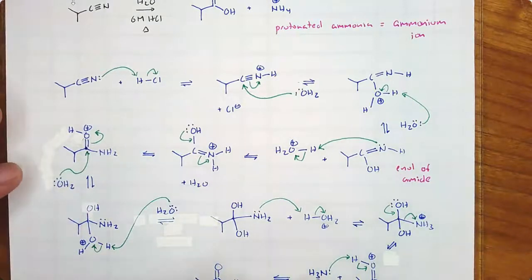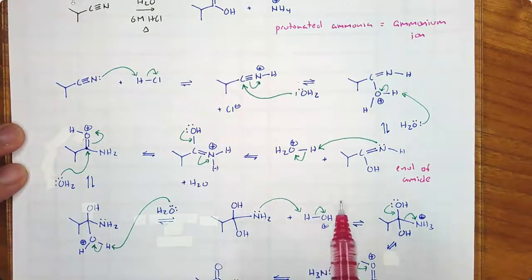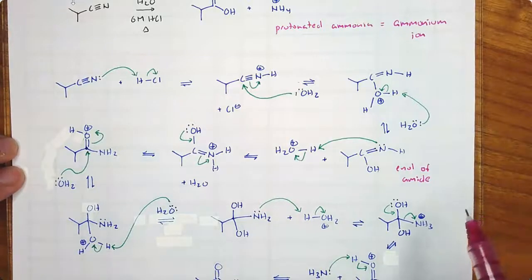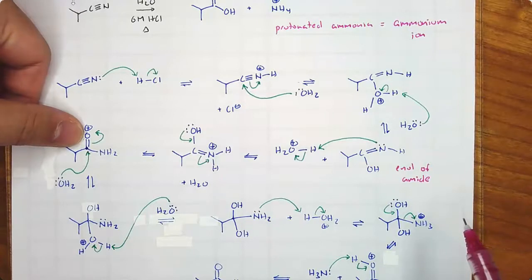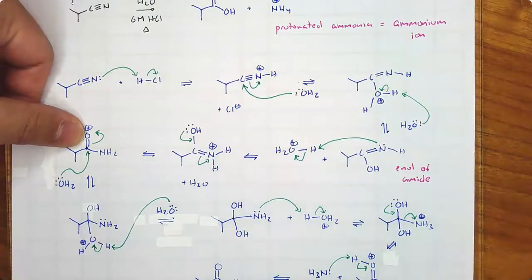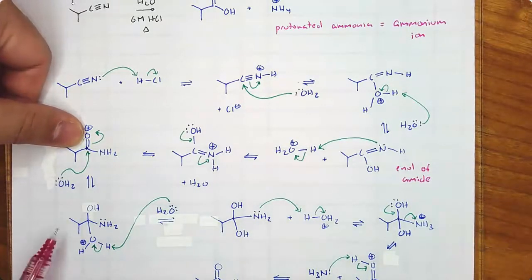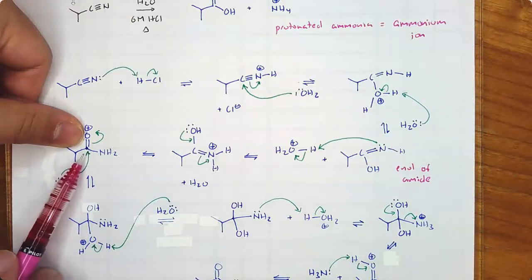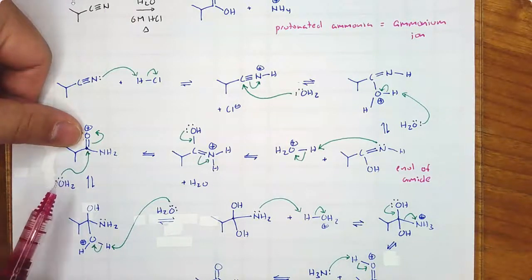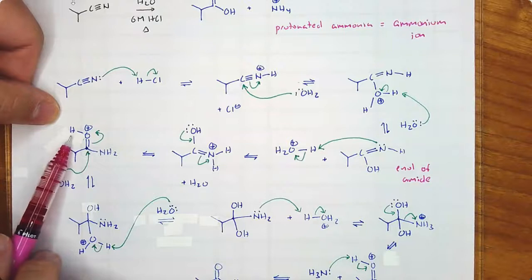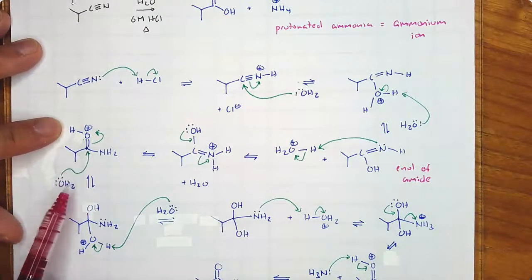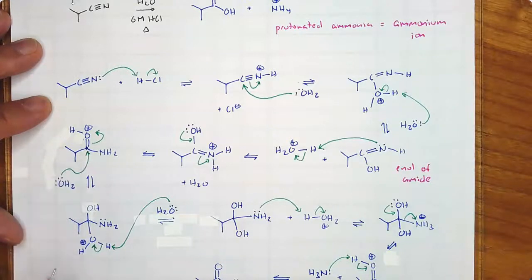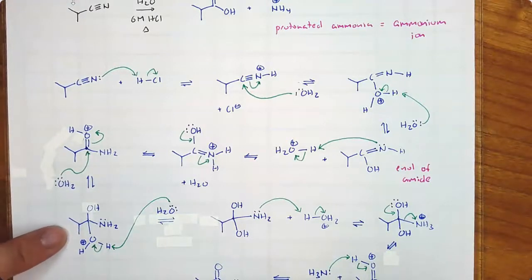So now you see a bunch of whiteout, because I was very confident that I would neutralize this to get the neutral primary amide, but I just realized when I did that, I have to get another water molecule onto this carbon. So instead of deprotonating it, which I originally did, why don't I take advantage of this activated carbonyl and attack right away, again to get the tetrahedral intermediate.